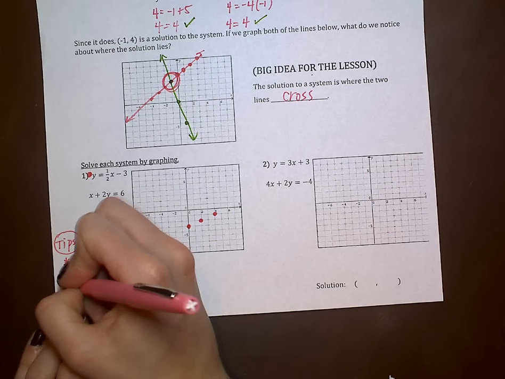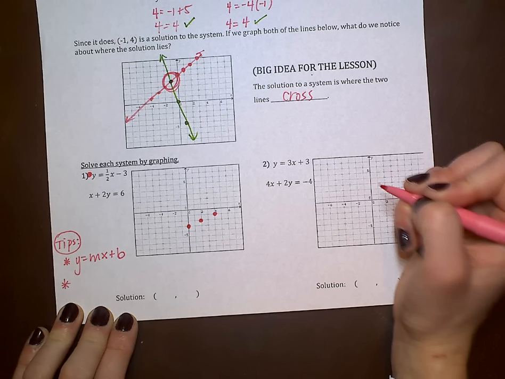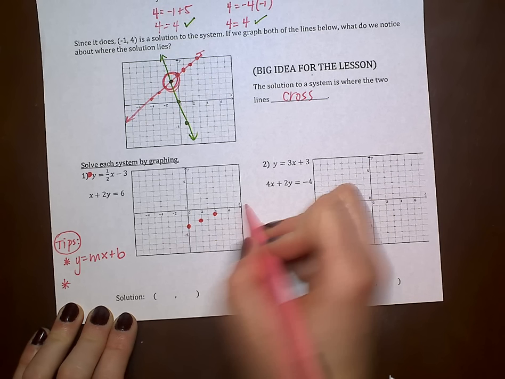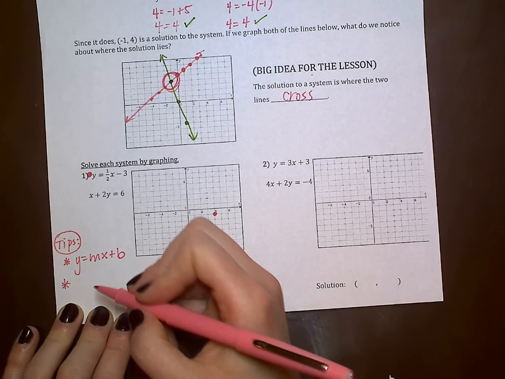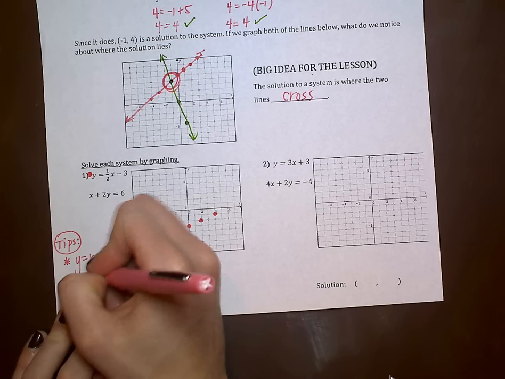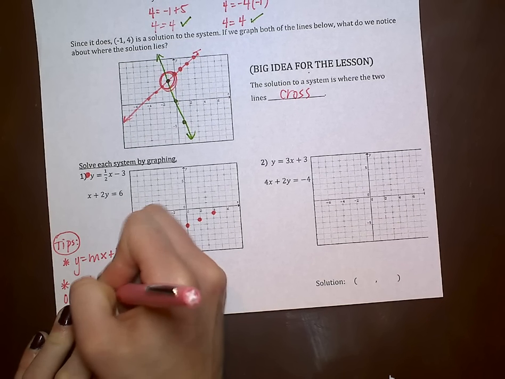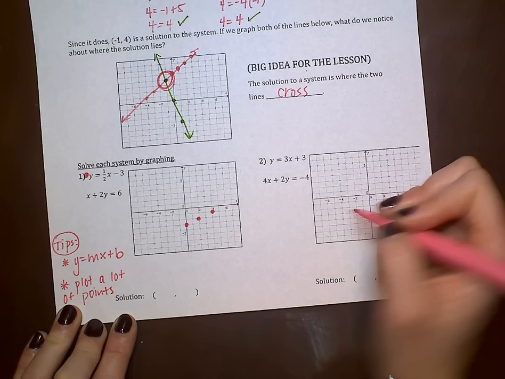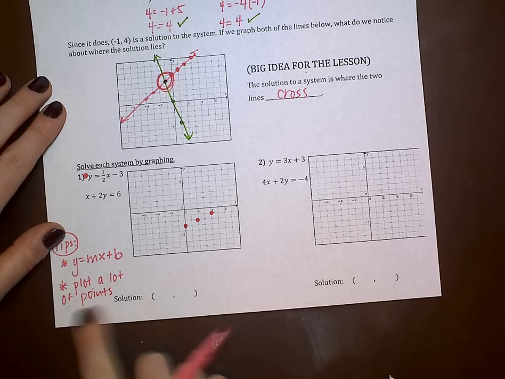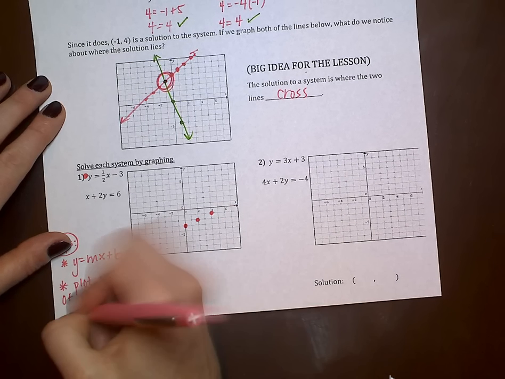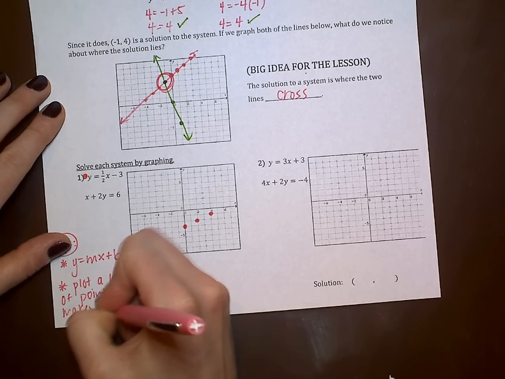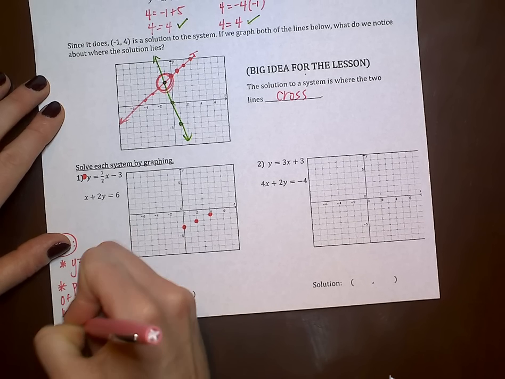Okay, second tip for graphing, and that's kind of why I stopped mid-line right here, you want to plot a lot of points. The reason that I am suggesting that you do that is because it makes seeing the answer so much easier. So say plot a lot of points, makes seeing the solution easier.